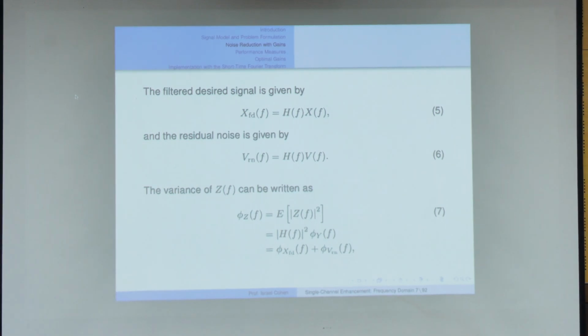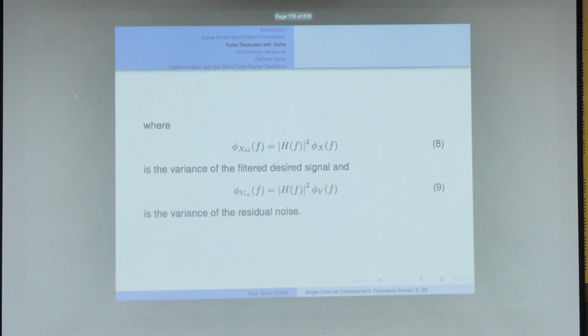One is the variance of the filtered desired signal, and one is the variance of the residual noise. Okay? So we want to keep the filtered desired signal, but we want to suppress the residual noise. And it looks like this. Okay, so it's simply multiplication with the magnitude squared of H(f).